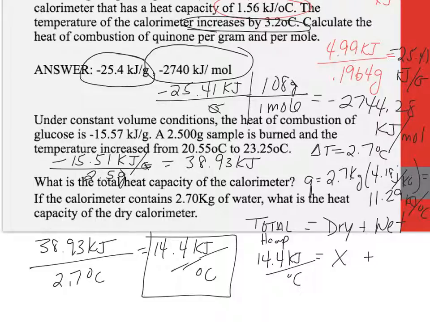Okay, because our kilograms cancel and we're left with kilojoules over degrees Celsius. So this is 11.29, and then when we solve for x, we get 3.11 kilojoules per degree Celsius. Sorry about that. Not enough room to write.